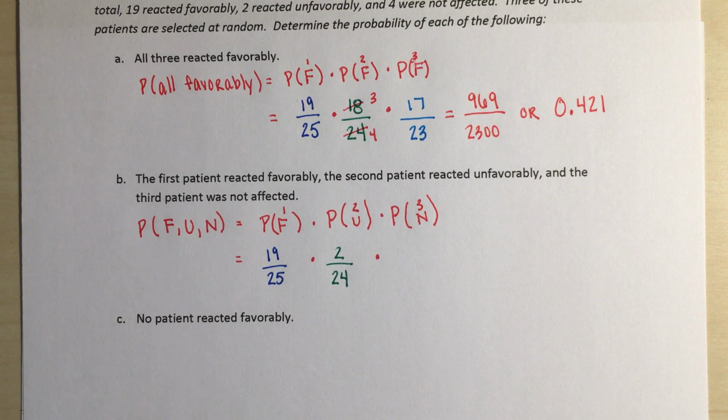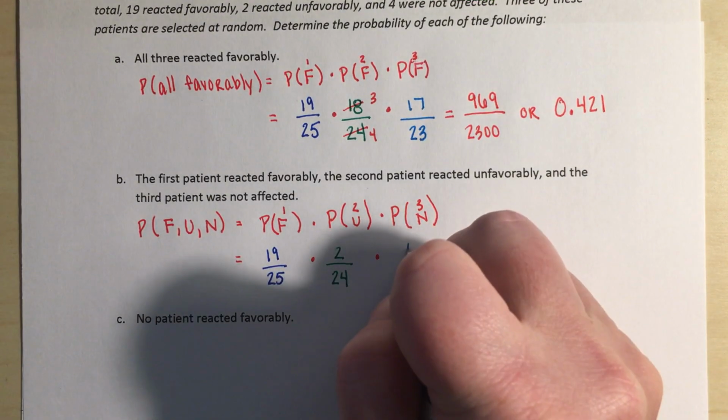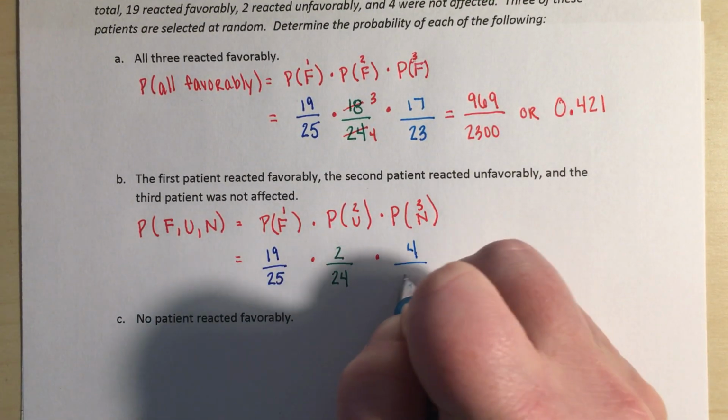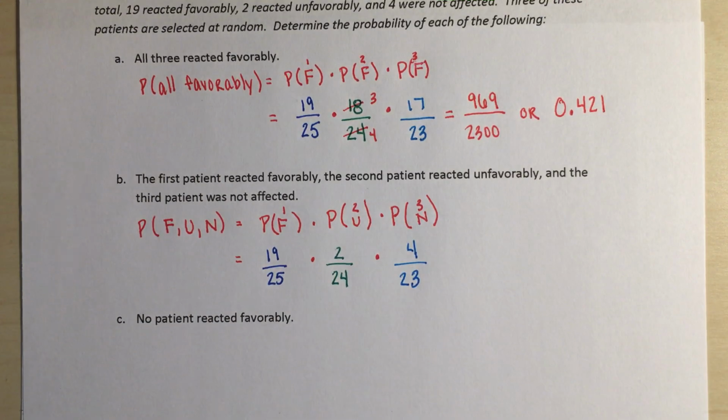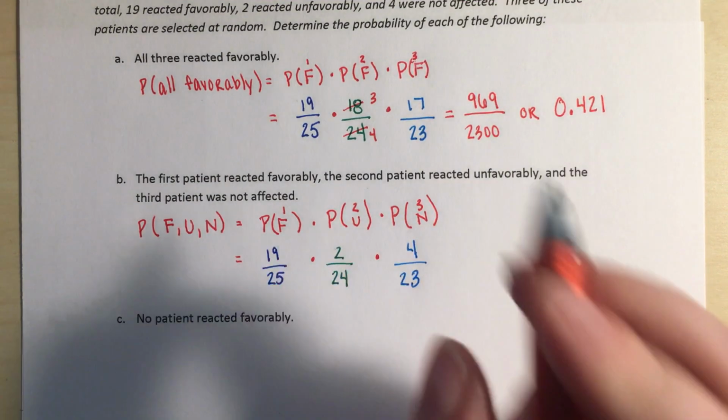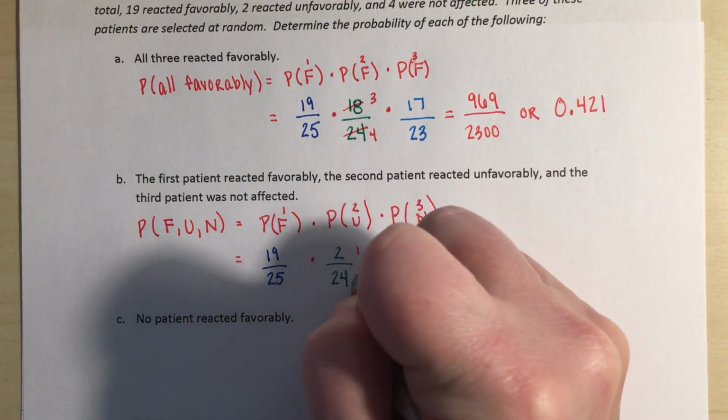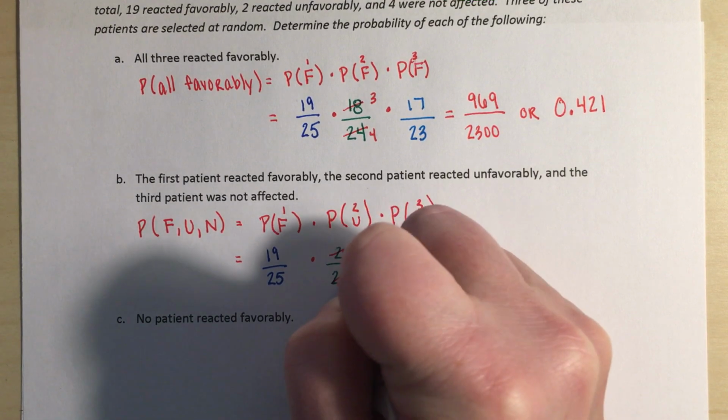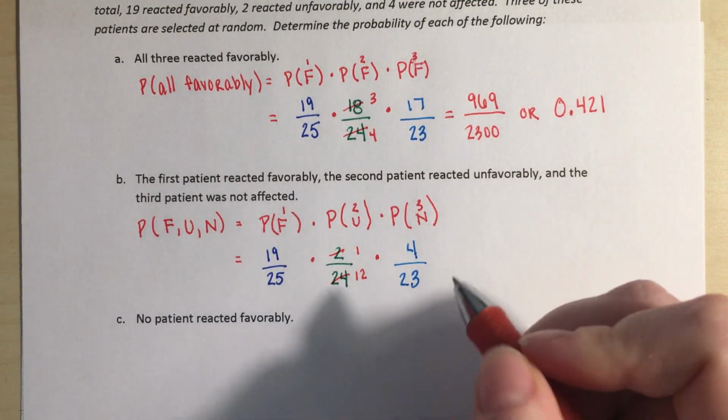Right. And if we go back up to our original problem, there were 4 that were not affected. But we have taken 2 people out, so we have 4 over 23. Then we can reduce this a little bit. 2 and 24, we can divide them both by 2 to get 1 and 12. Then we can do a little more canceling here.